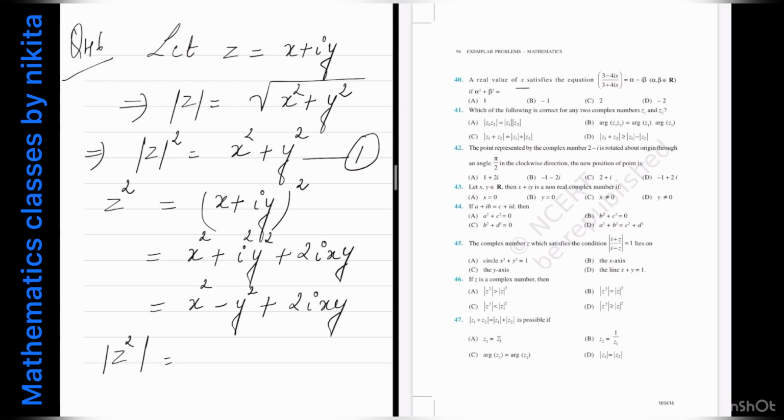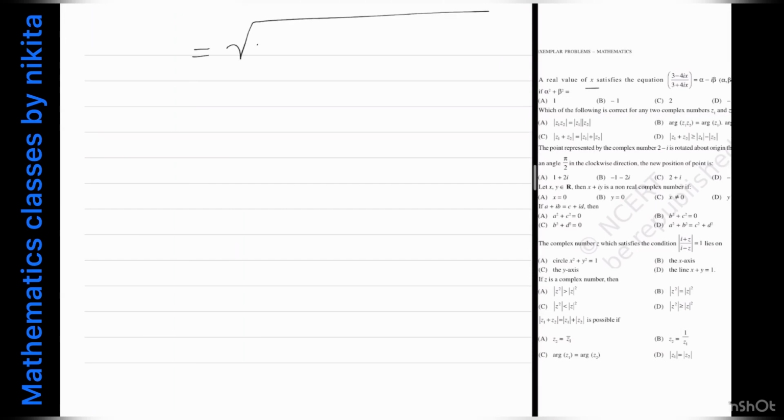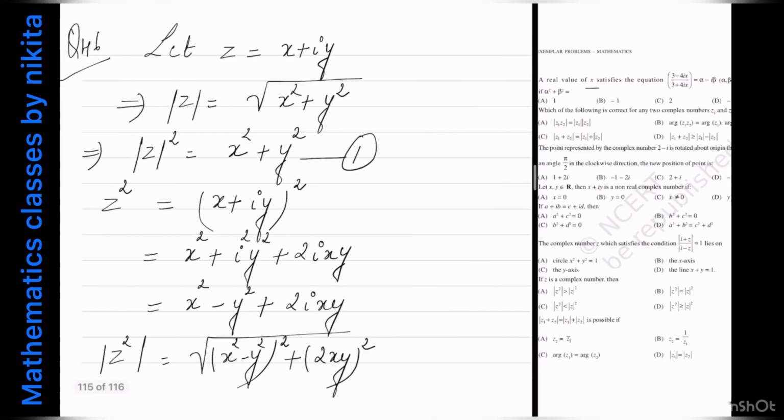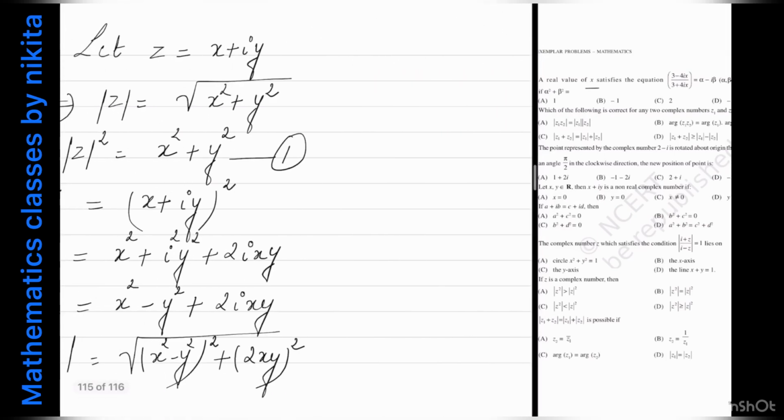So this will be equal to under the root (x square minus y square) whole square plus (2xy) whole square. Okay, and what you will get after this? Now let's simplify this. This will be equal to under the root. Just open the bracket, so you will get x to the power 4 plus y to the power 4, then minus 2 times x square y square, and plus you have (2xy) whole square.